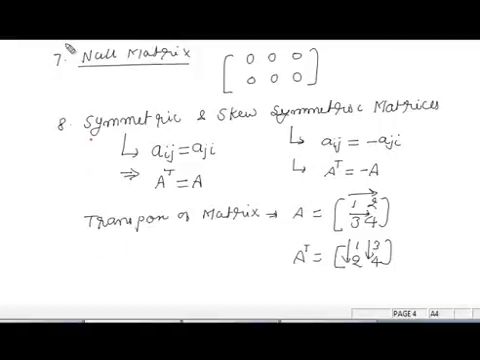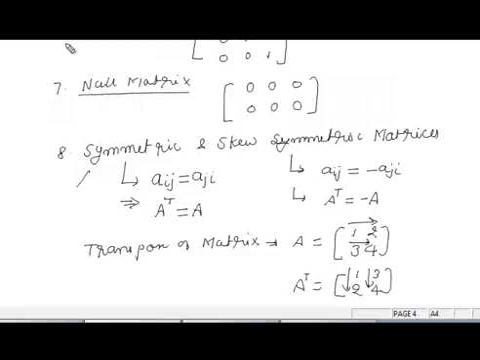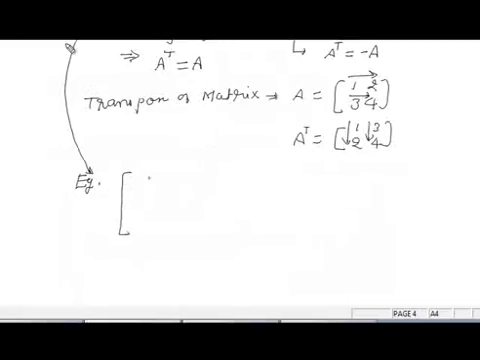So the example of a symmetric matrix, again I am going back to this symmetric matrix example. Here if I take any numbers 1, 3, 4, then in order to make it symmetric this element should be 3.